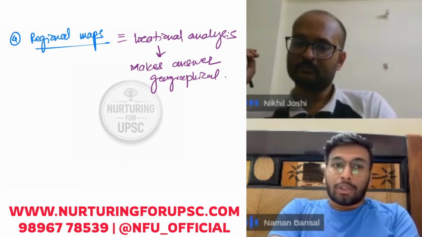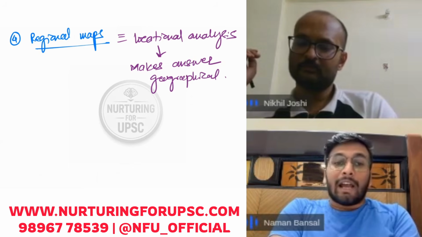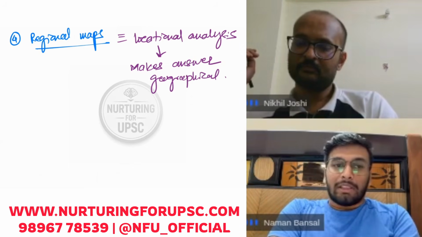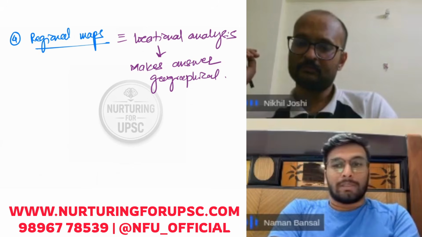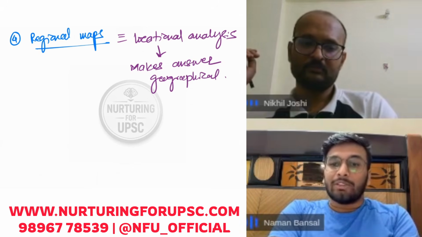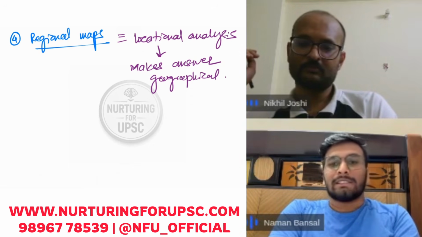If you are not drawing the diagram, it's very high chance that the listener or the reader will lose track. He will not be able to understand what you want to say. So that's why in geography it is absolutely essential to draw a diagram to explain your point.